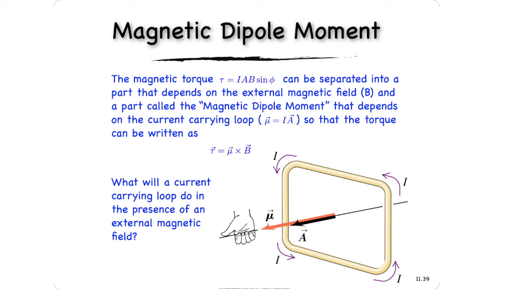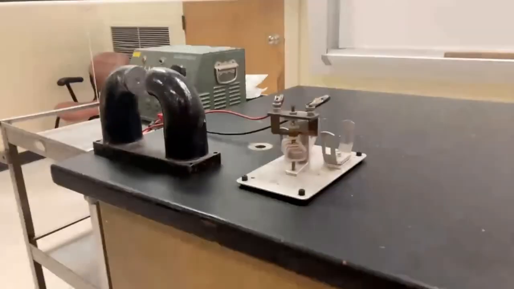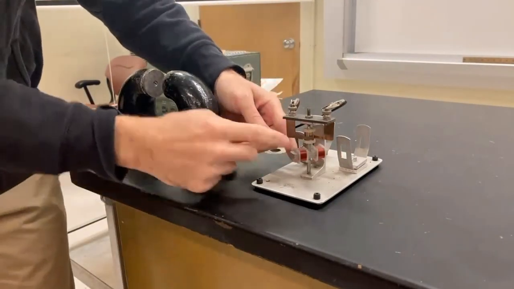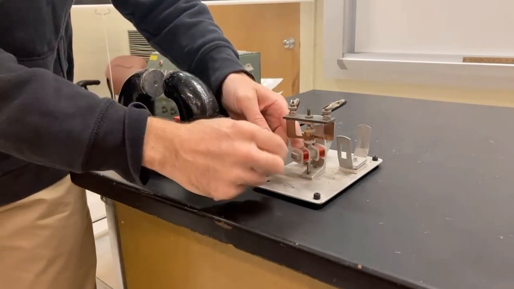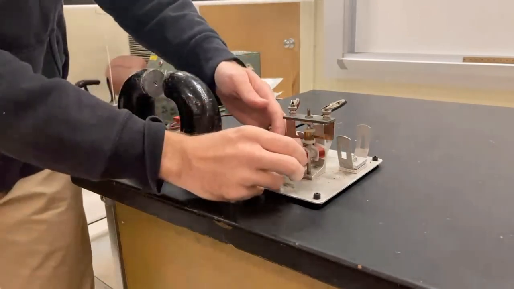So I want to do a quick visualization of this, an example, a demonstration, I guess, call it. Here we go. So I've got this current carrying loop right here. There's actually many turns of wire wound around this bar, and so there's several loops of wire.